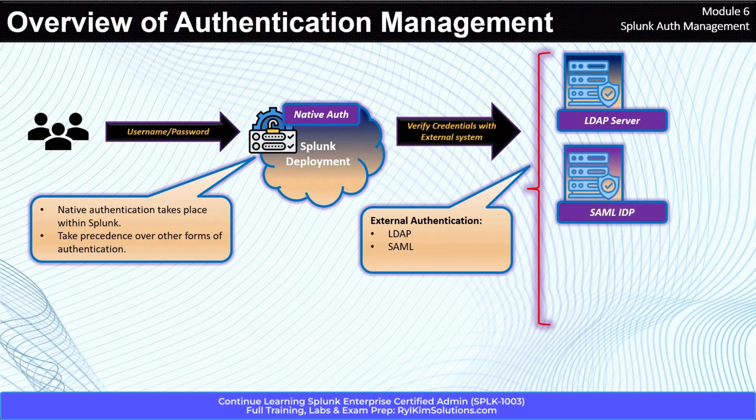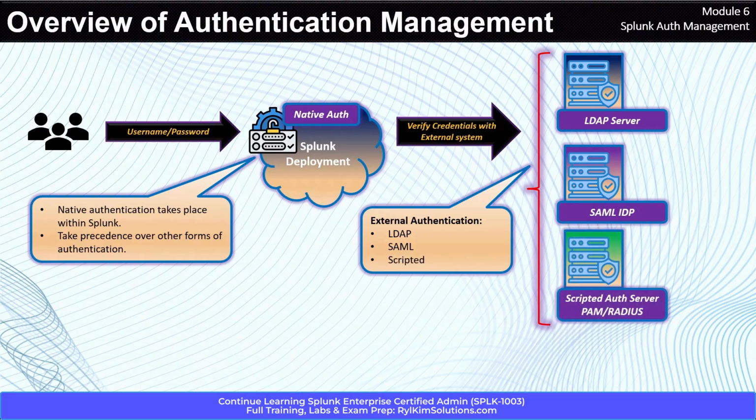And then with SAML single sign-on, you are using an external SAML identity provider for that. And then when we talk of scripted authentication, we are basically talking against a Redis server or a PAM. With scripted authentication, you are basically using custom scripts or user-defined scripts to authenticate against these external servers. We're going to talk more about that.